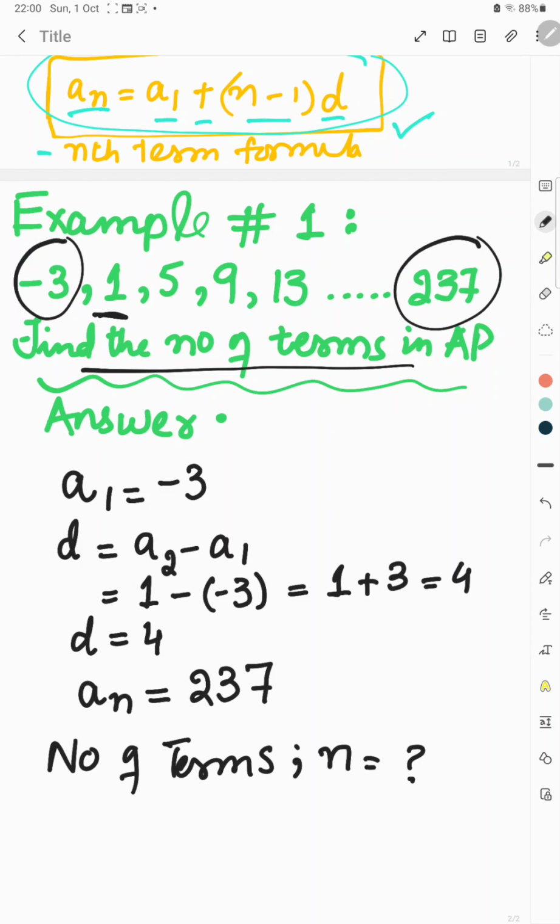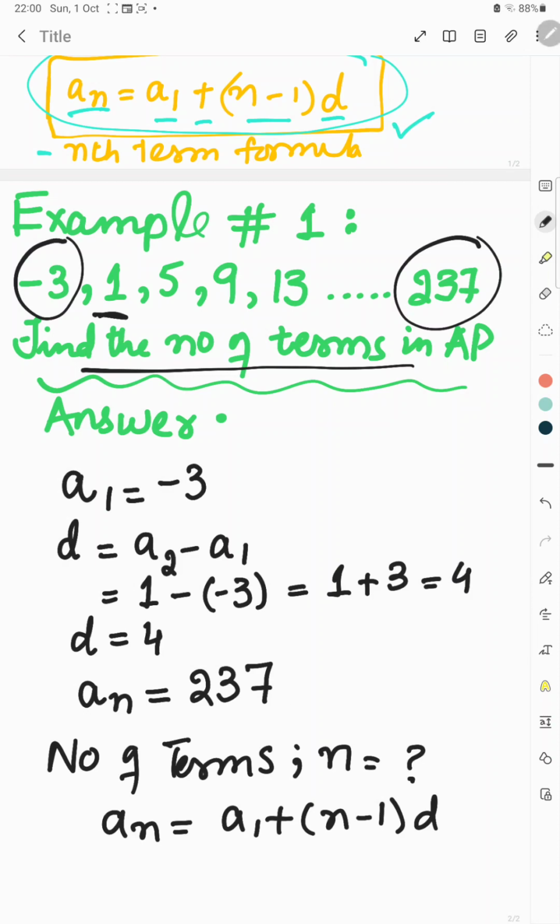So how will we find this? I hope you remember the formula which I previously said to you. Remember this formula. Here we will use that formula: an is equal to a1 plus (n minus 1)d. We just put in the values given in the progression.